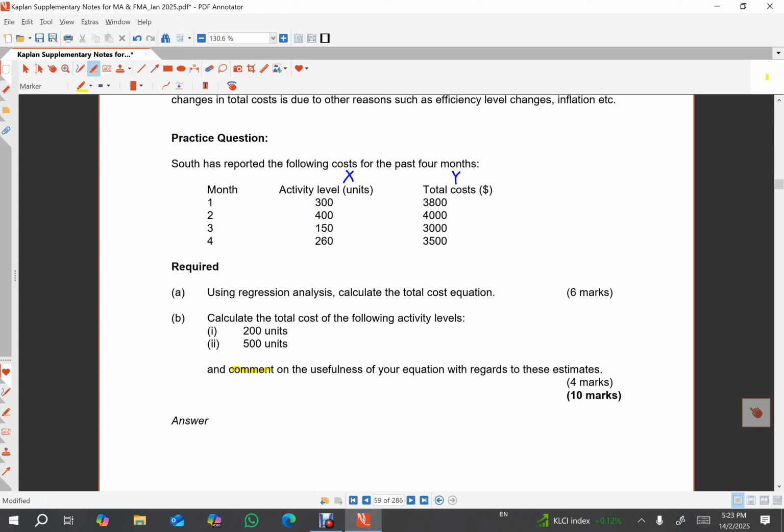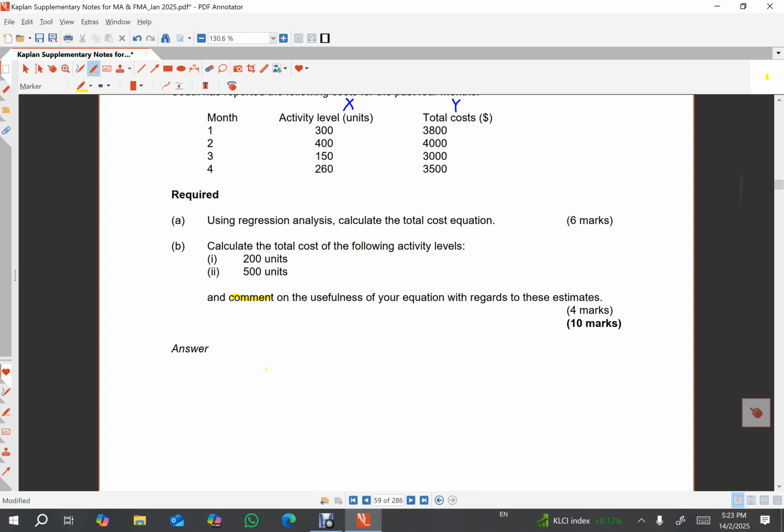For A, we get the regression line first.